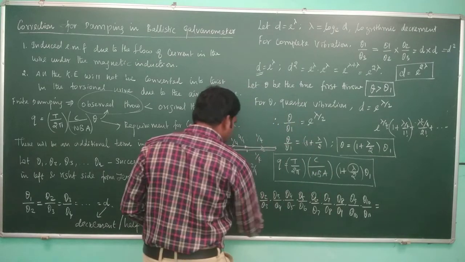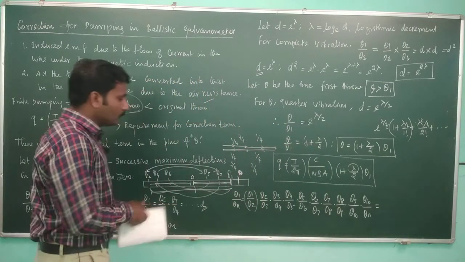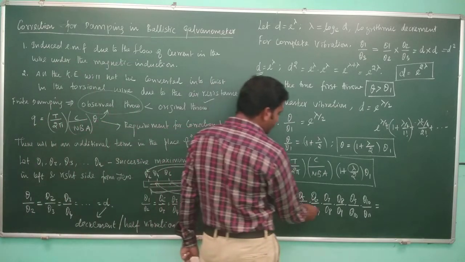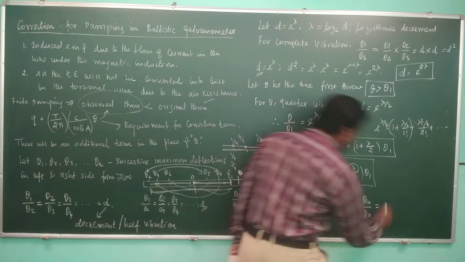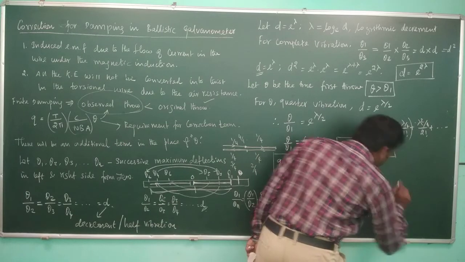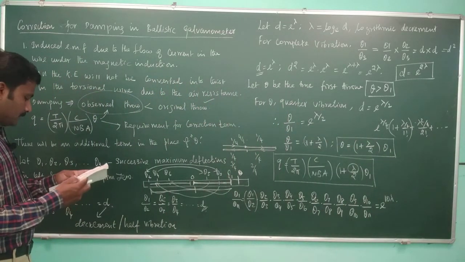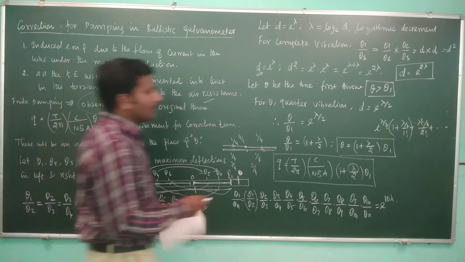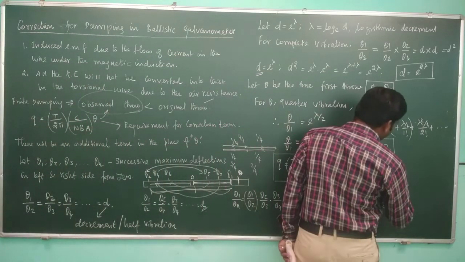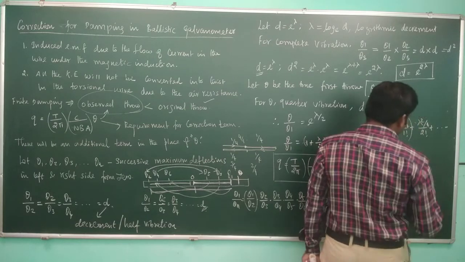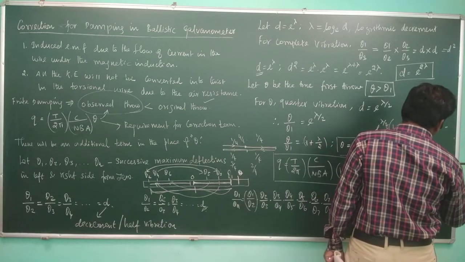So that is equal to, for one ratio we take a half vibration, there are 1, 2, 3, 4, 5, 6, 7, 8, 9, 10. So there is an e power 10 lambda. In this case, if you take the logarithmic decrement, you can write lambda is equal to 1 by 10 log to the base e of θ1 by θ11.